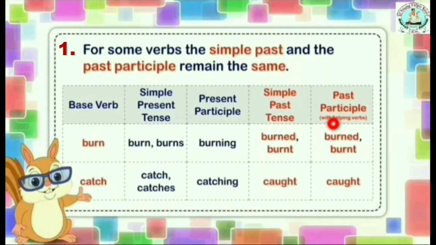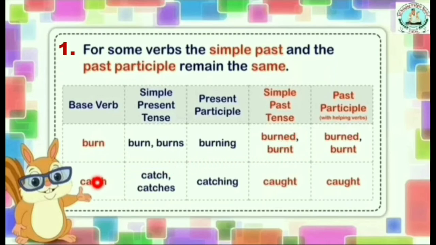But what is the difference between simple past tense without helping verb and past participle along with helping verb? That is different, but they remain the same form, same spelling. They appear with the same spelling in the sentence.